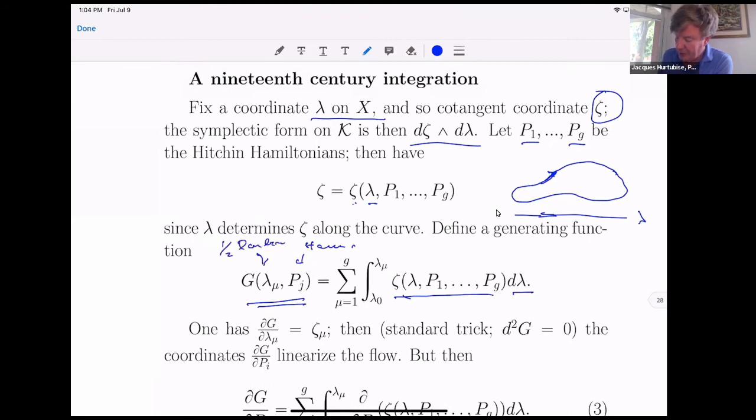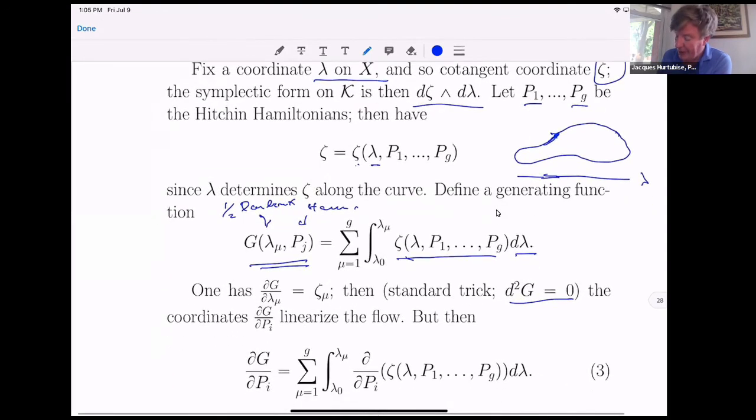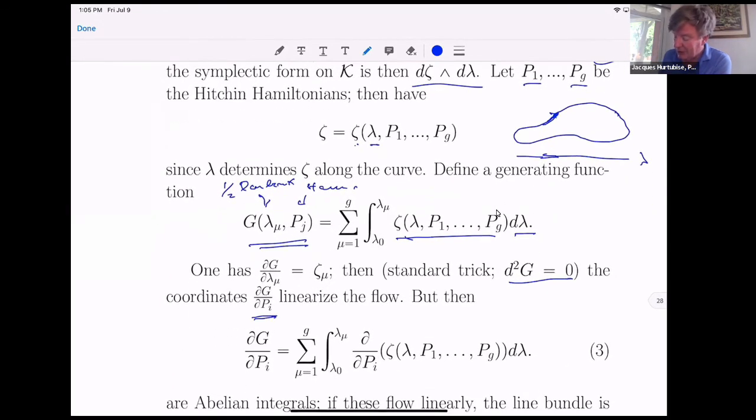So in other words, the Lagrangian subset. And it's fairly obvious that if you take the derivative with respect to lambda mu of this, keeping the pi's fixed, then the derivative of the integral is just the integrand, and you're getting zeta mu. And then it's a standard trick, basically using d squared of g equals 0, that these quantities linearize the flow.